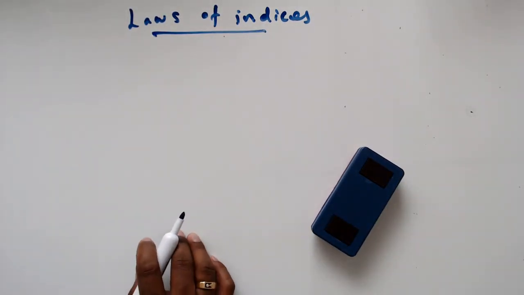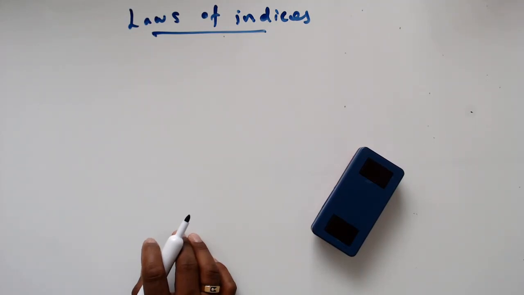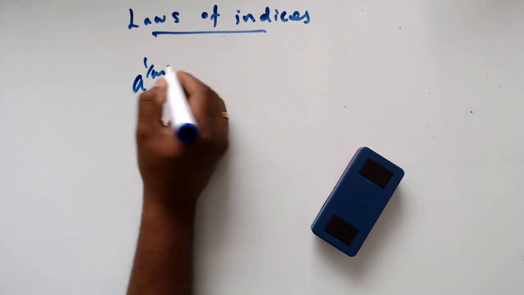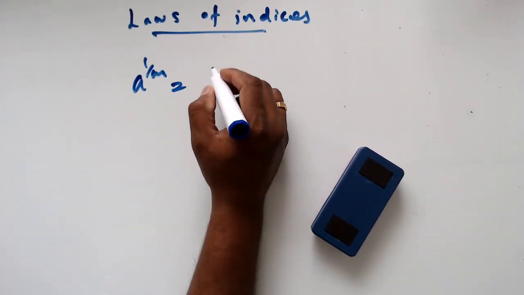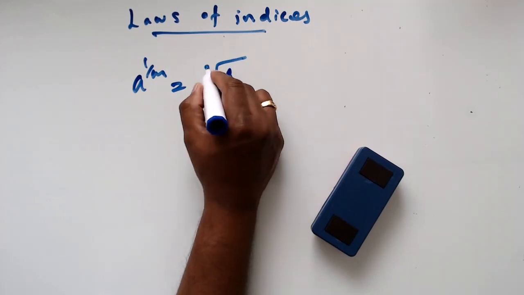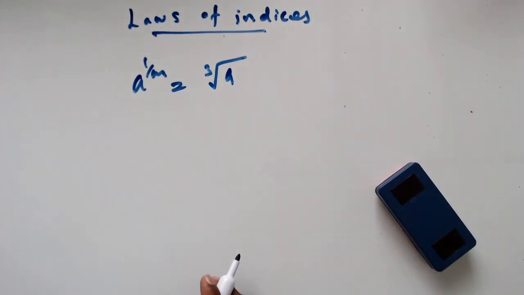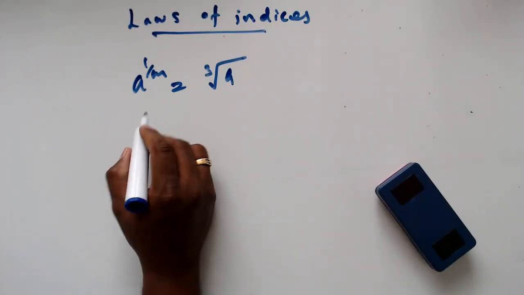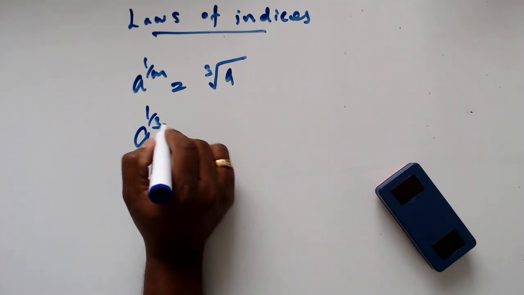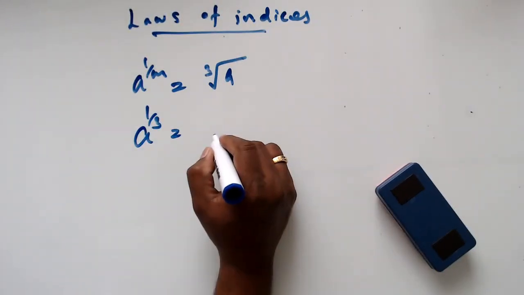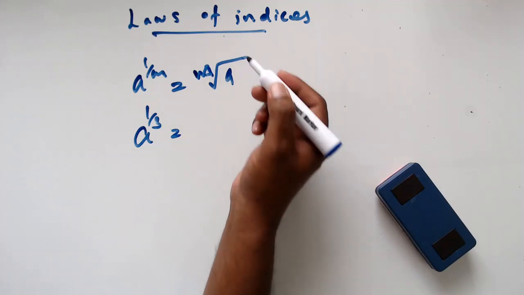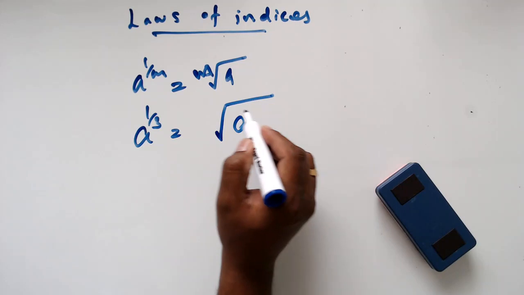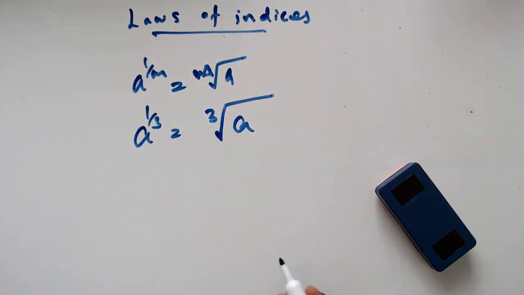Lots of indices. We did some earlier, and we'll discuss a few more. A to the 1 over n can be written as a different symbol. What does this mean? For example, a to the 1 over 3 you can write like this.